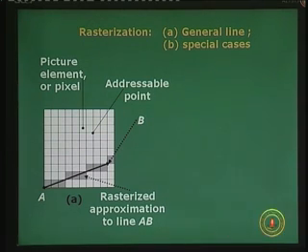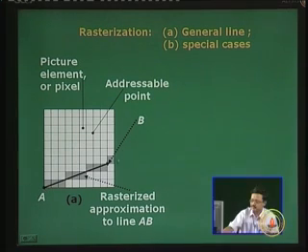Now, in this case we want to draw a line from point A to point B. Point A is at the bottom of the screen as given here, and point B is somewhere here.